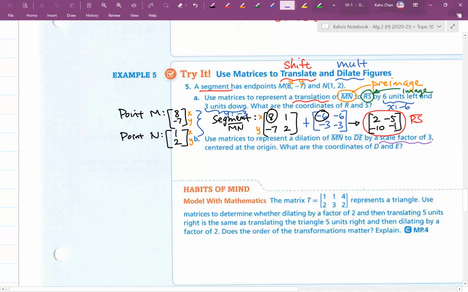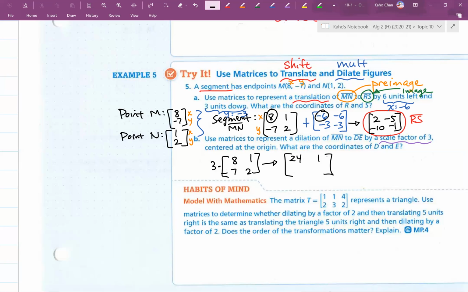We're going to take matrix segment MN again. In this case, 8, 1, -7, 2. And we're basically throwing in a scalar multiplier like that. It's pretty easy. And here we go. 3 times 8, 3 times 1, 3 times -7, and 3 times 2.